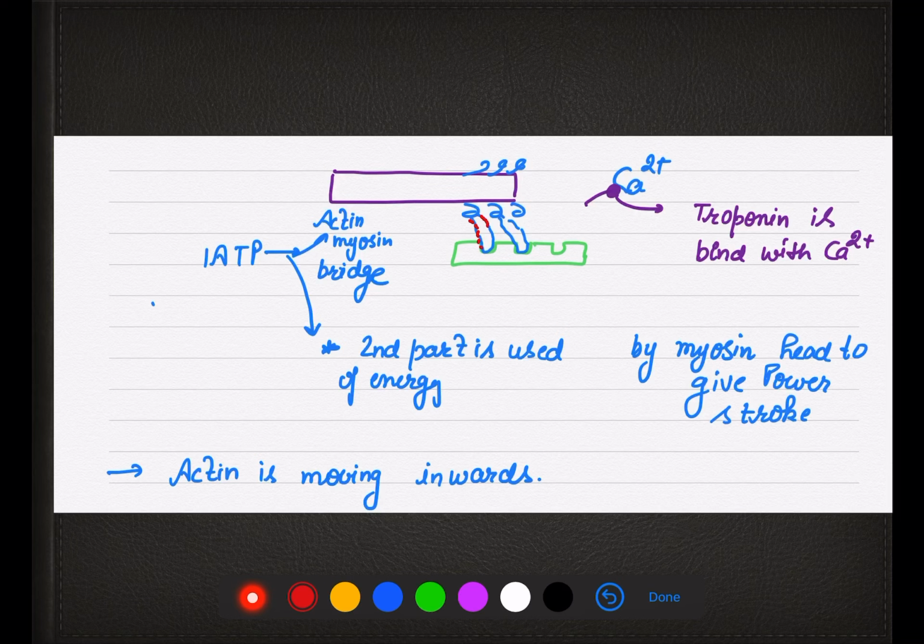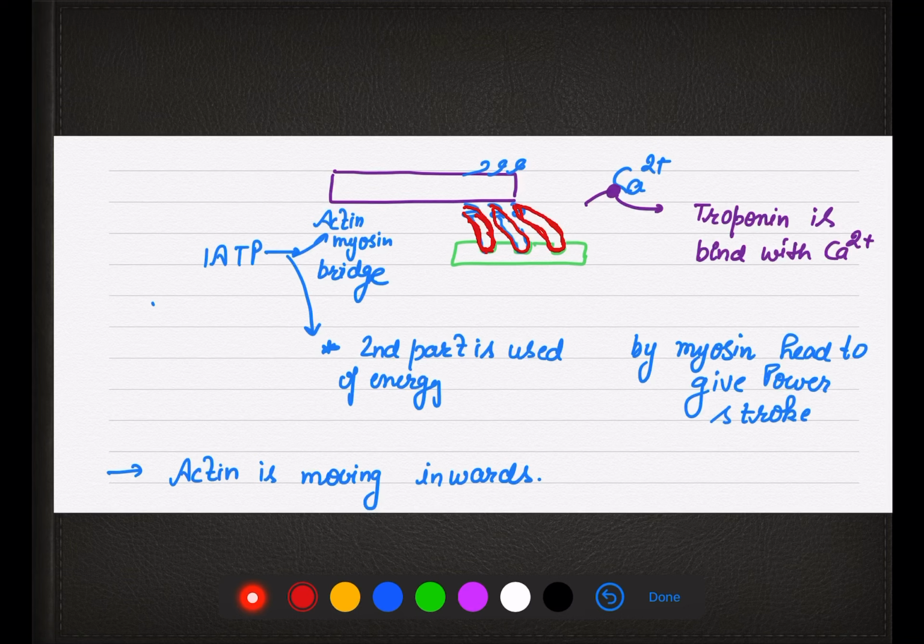So this globular head will sit and block in this; it will cover this pocket. So this actin-myosin cross bridge is formed. Clear?